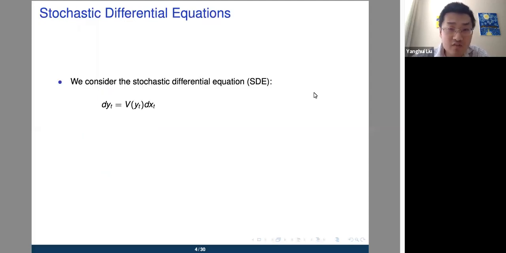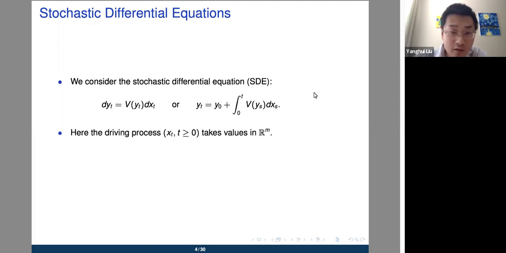Let us start with the stochastic differential equation, dy equals v of y dx. We can also write this in the integral form, y_t equals y_0 plus the integral of v of y dx from 0 to t. Here the driving process x takes values in R^m, and v is a deterministic function.